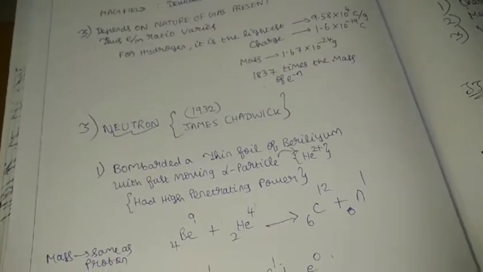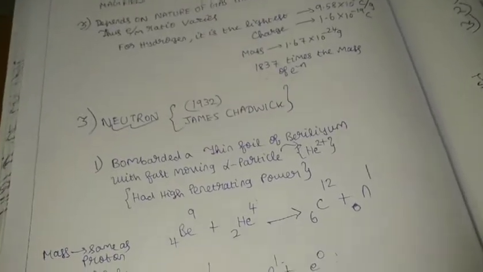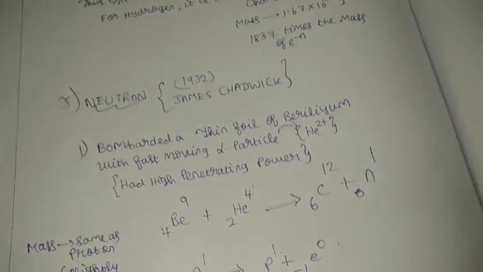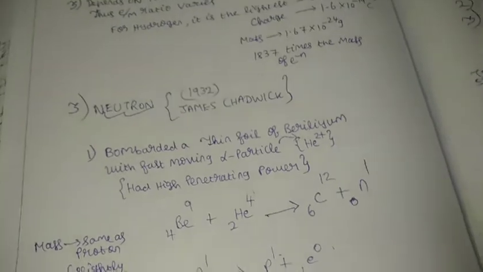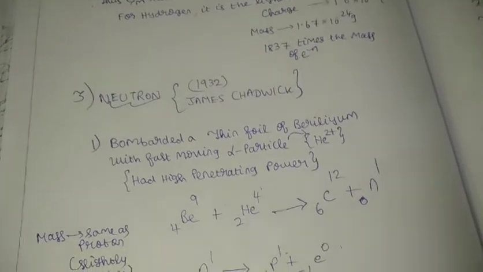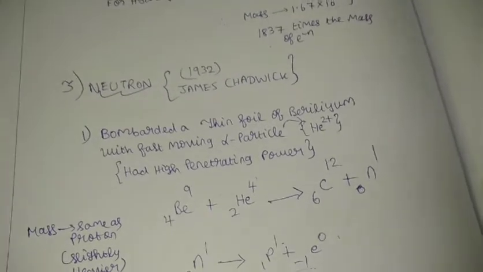So next come the atomic models. First comes J.J. Thomson's plum pudding model. Funny thing about this is that we now know J.J. Thomson's model was proven to be wrong. He told that it is like a plum pudding model or watermelon model. You have seen watermelon, right?